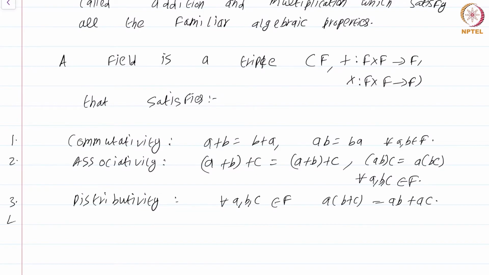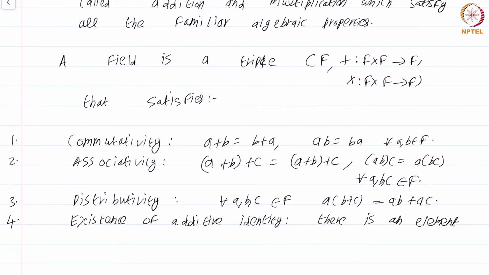4. Existence of additive identity. What does existence of additive identity say? There is an element in F which we denote by 0, so that you get a visual indication of what it is.